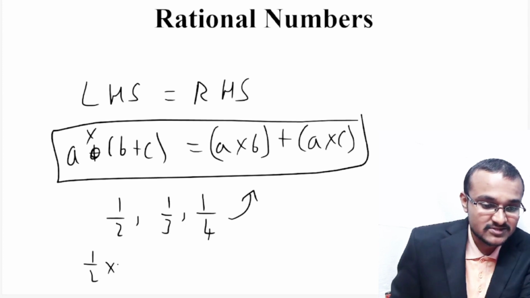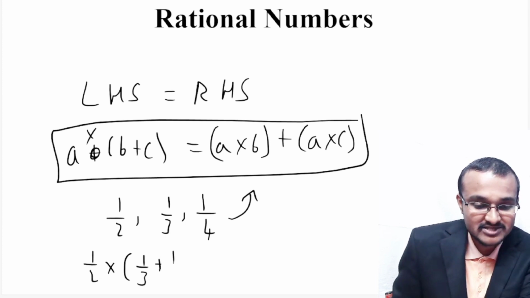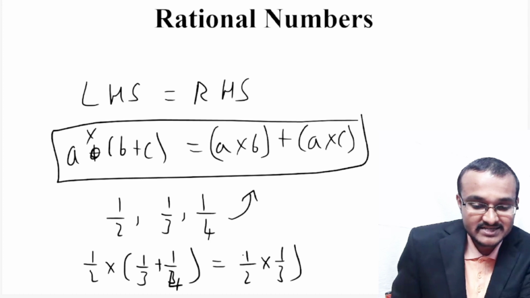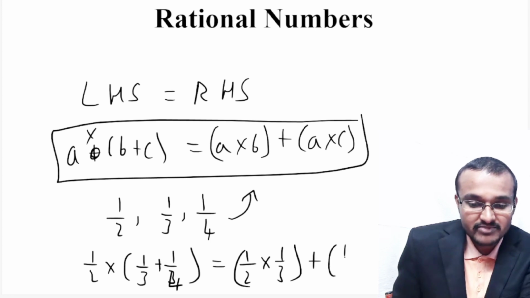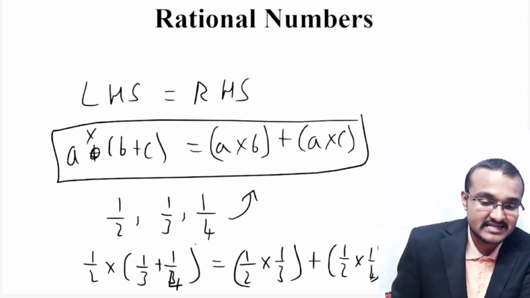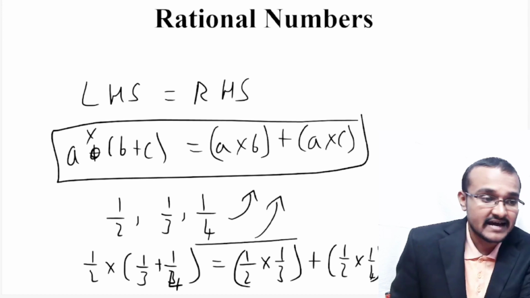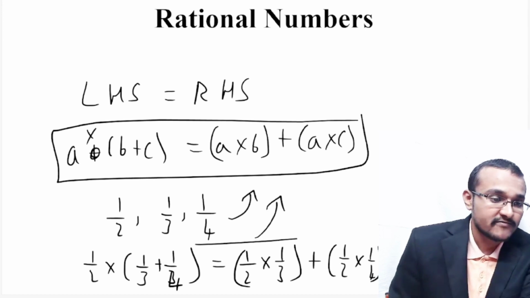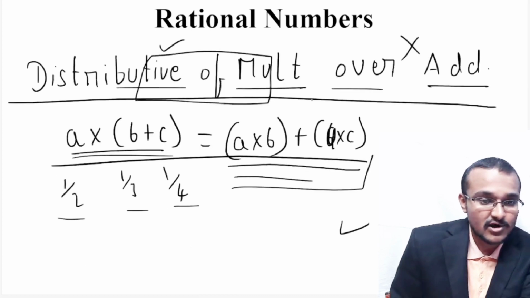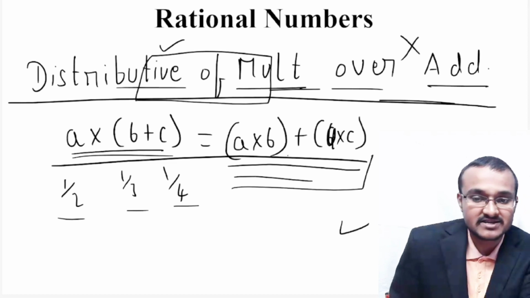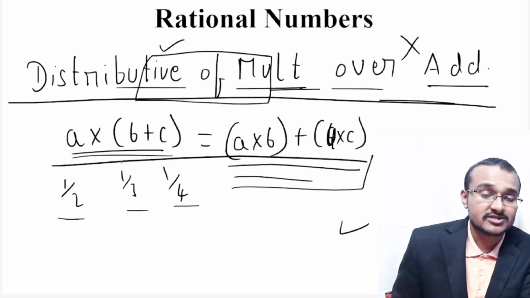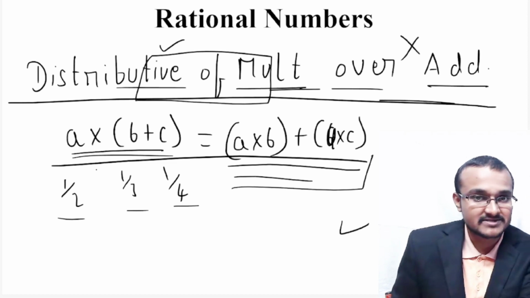That is 1 by 2 into (1 by 3 plus 1 by 4) is equal to (1 by 2 into 1 by 3) plus (1 by 2 into 1 by 4). So this equation is satisfied by these rational numbers. Hence the distributive law of multiplication over addition is satisfied for these rational numbers.